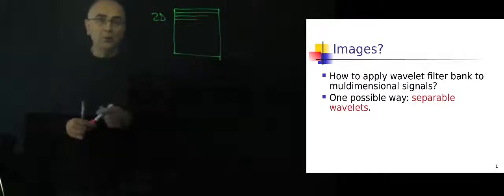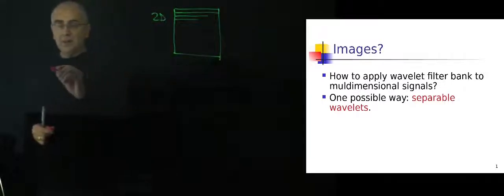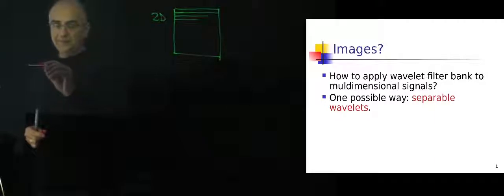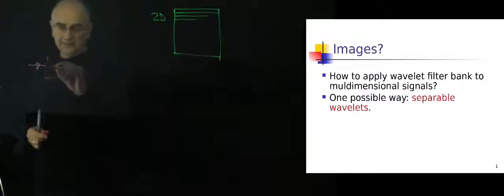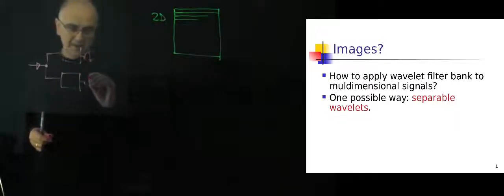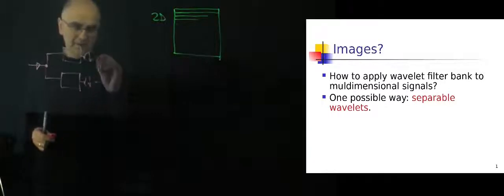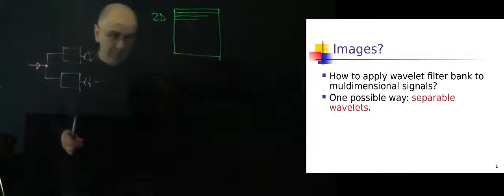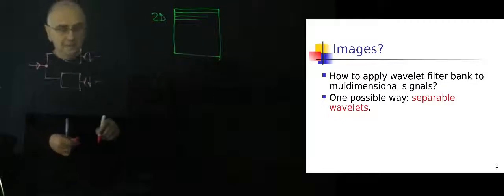So what we do is the following. We apply a filter bank, a wavelet filter bank, which consists of two filters, to each row of an image.